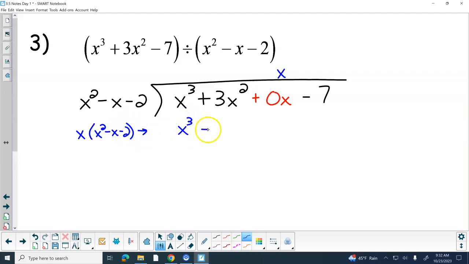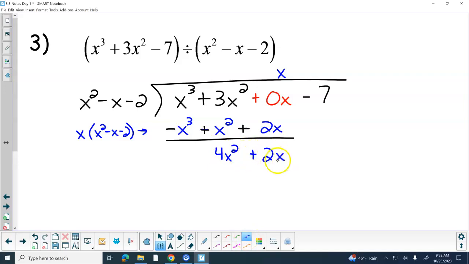x cubed minus x squared minus 2x. Change all three signs, and that gives me 4x squared plus 2x.